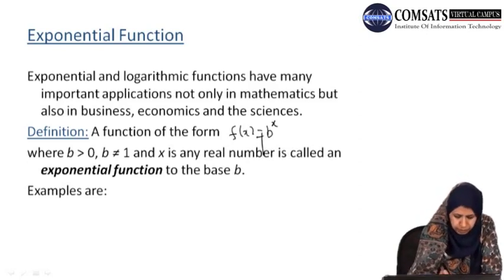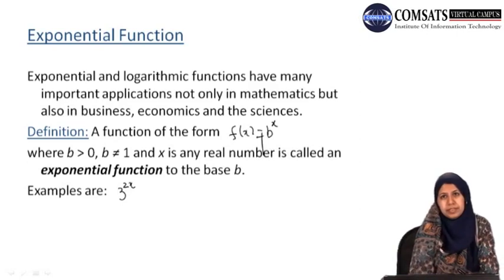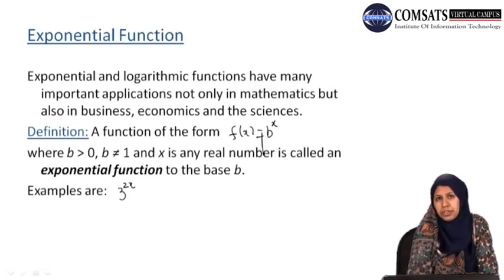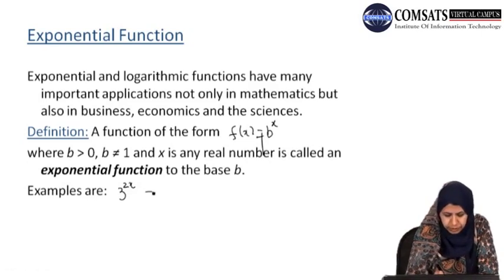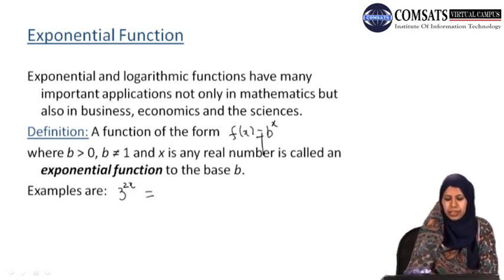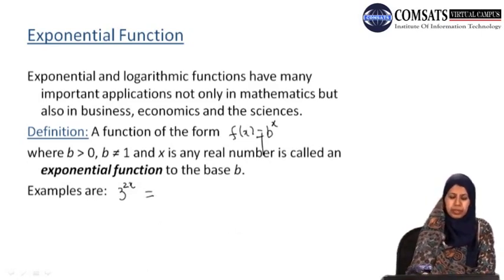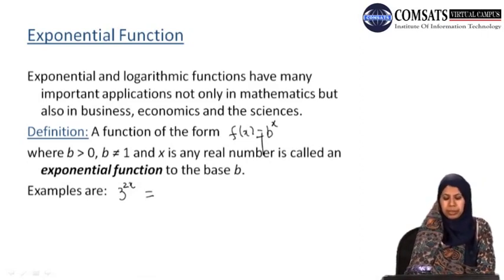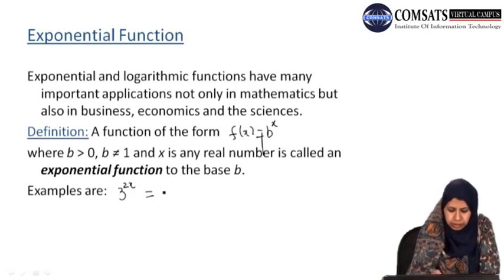For example, if we have 3 to the power 2x, is it an exponential function or not? Yes, it is, and we can write it in the form b to the power x by using the properties of exponents, which we have just studied.